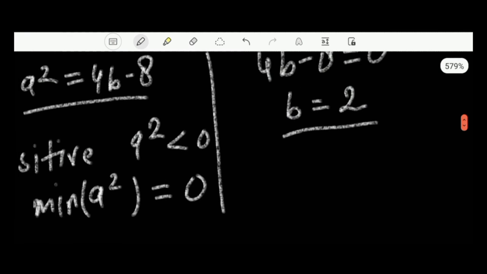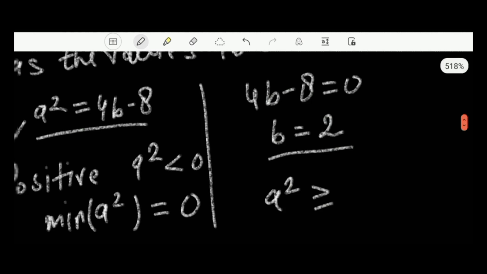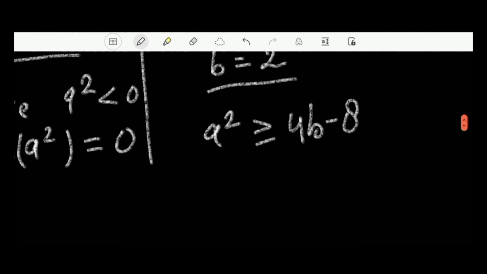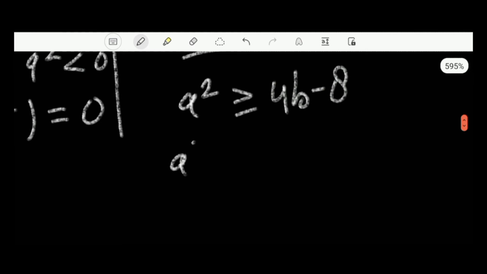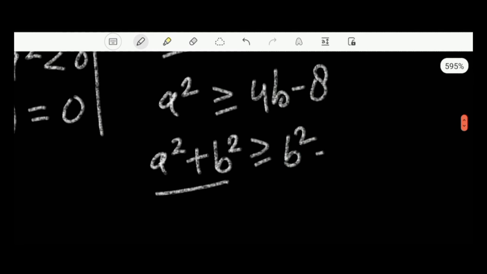And if we reconsider our inequality, we get that a square is greater than or equal to 4b minus 8. And now we will add the b square term on both sides, because we have to find the minimum value of a square plus b square. So we'll get on the right hand side b square plus 4b minus 8.